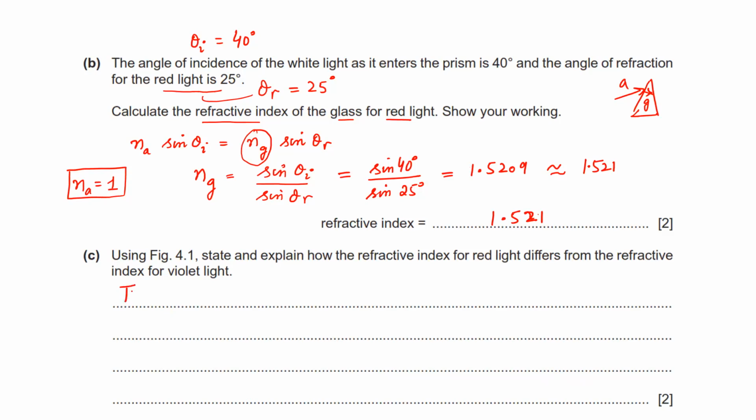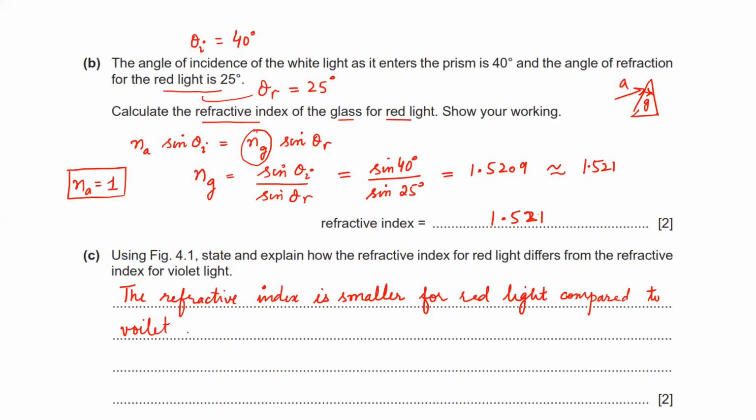Number 1, the refractive index is smaller for red light compared to violet light.